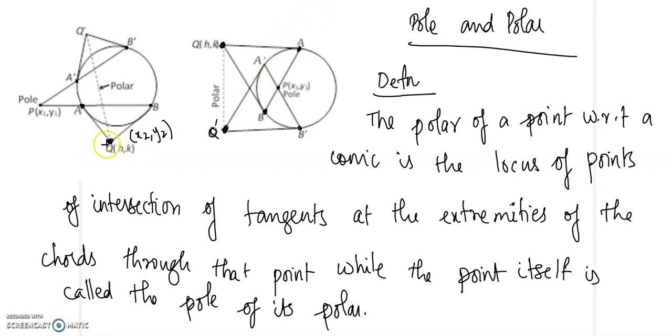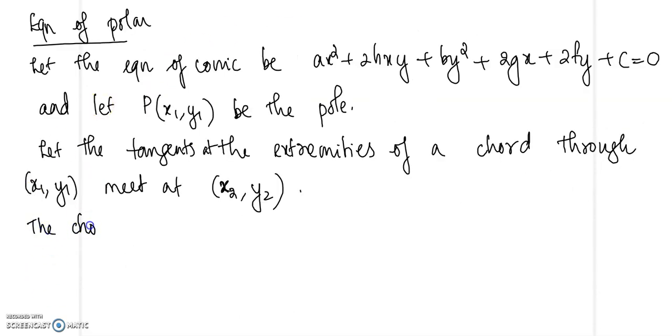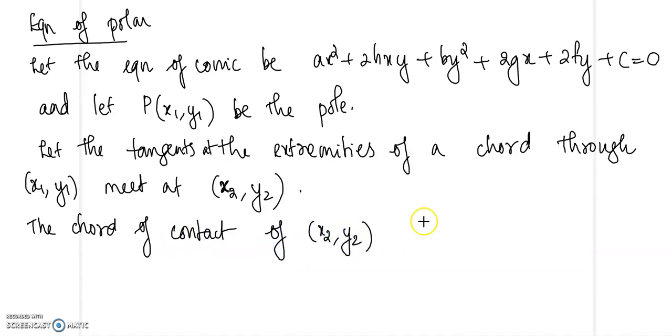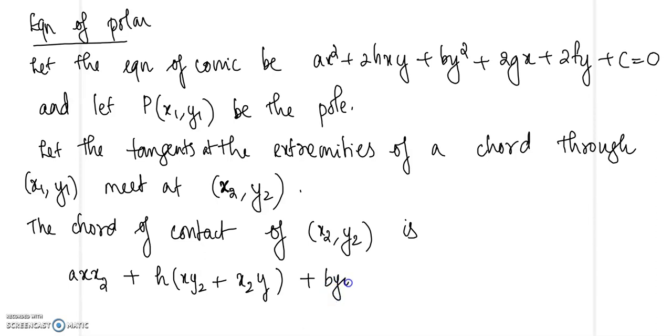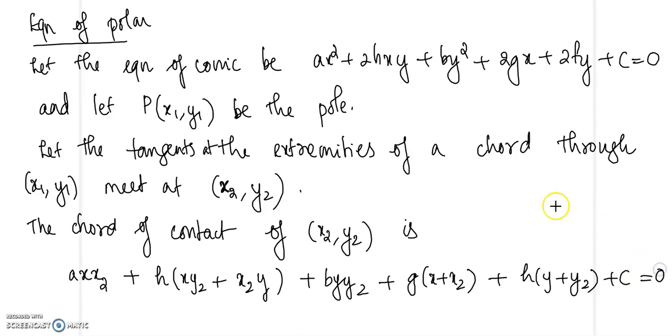Now the chord of contact with respect to x2, y2 is given by, so by definition, a x x2 plus h x y2 plus x2 y plus b y y2 plus g x plus x2 plus f y plus y2 plus c equal to 0.